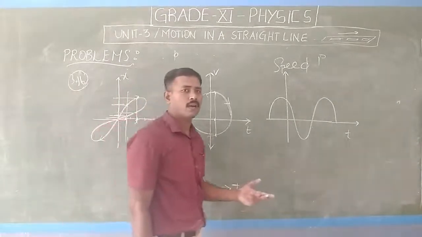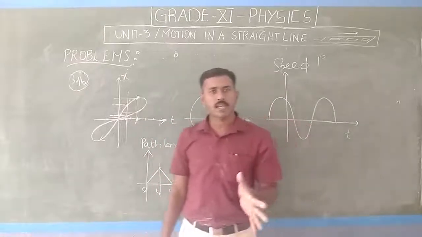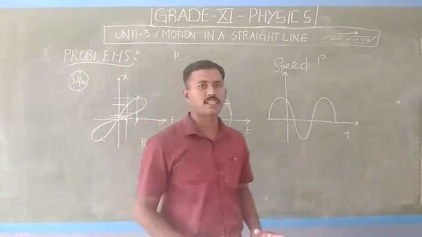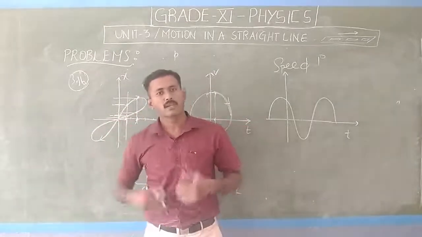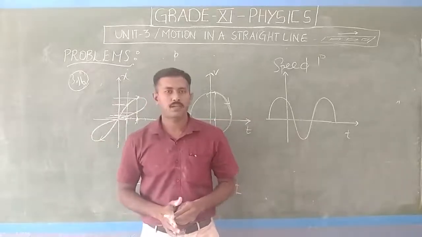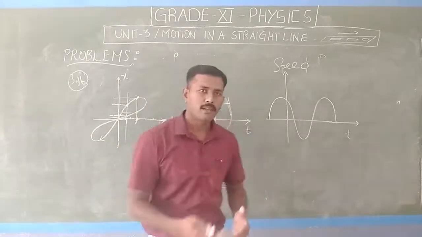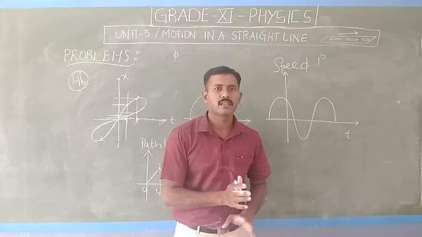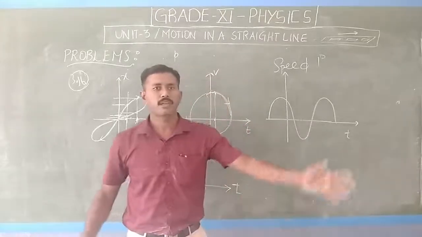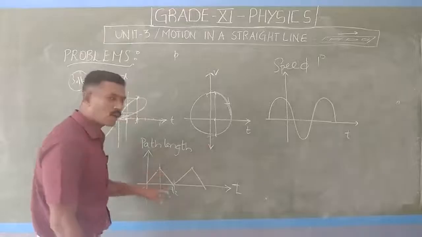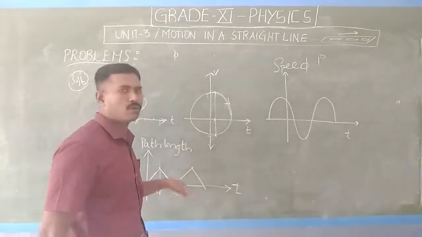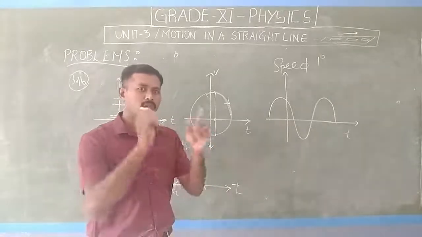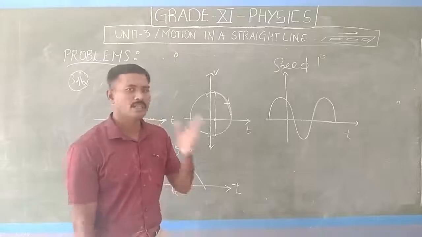Previously we have learned that the path length is the magnitude of the displacement that we keep on adding during the entire way of travel. So the path length will not decrease, even though it goes forward and comes backward. That is the displacement. But the total path length is considered by adding.